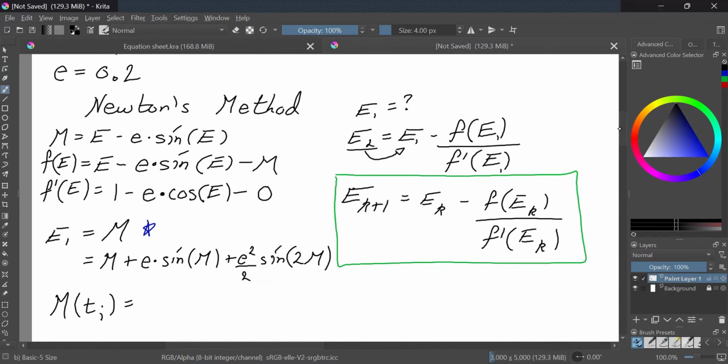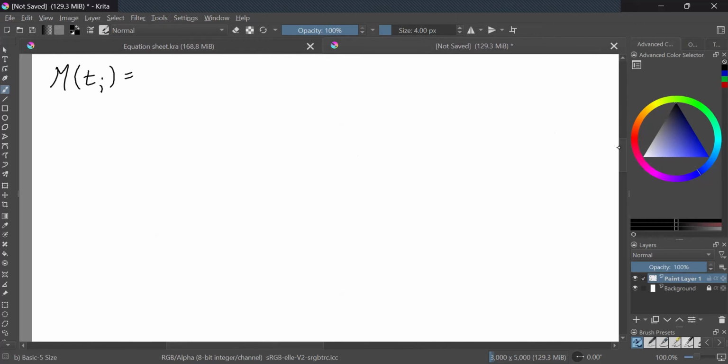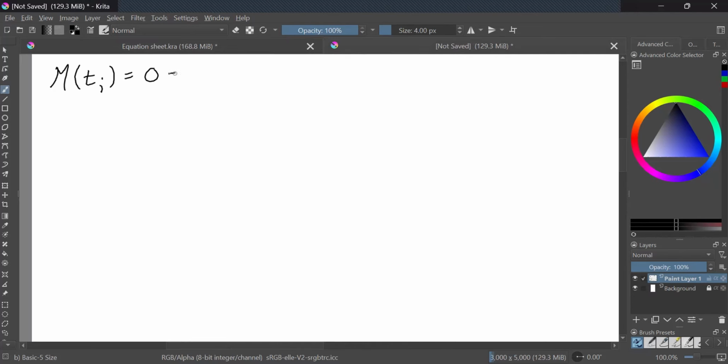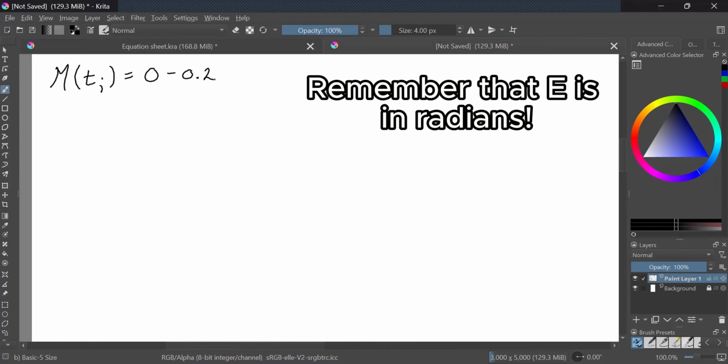When theta equals 0, so does E. So using this equation here, we will find what our M is. So that is going to be 0 minus 0.2 times the sine of 0.